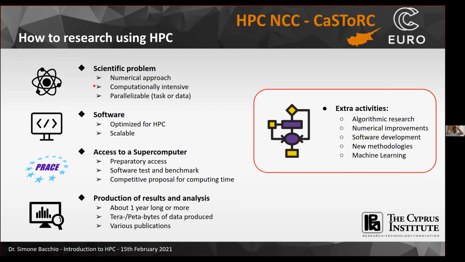So you need to show that you are doing something that is cutting edge research. And on the other hand, you need to show that you run efficiently on the system, but it doesn't mean that you need to run with your own code. The important thing is that you use software that is suitable for what you're doing and is optimized for it. And you show this by running benchmarks and scaling of your code. So this is what you usually do. Okay.